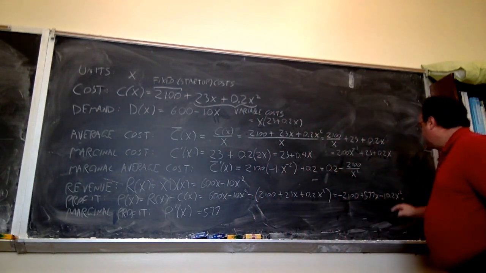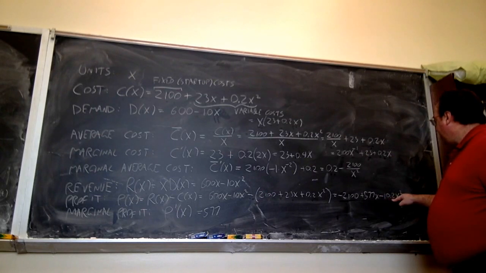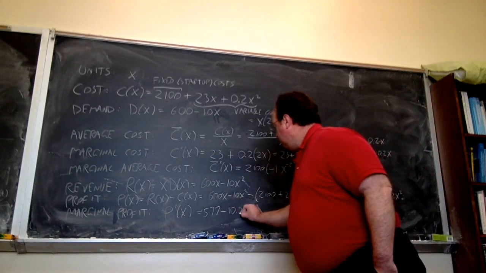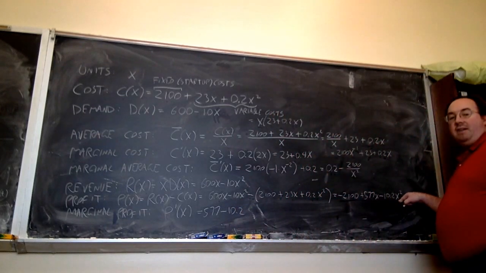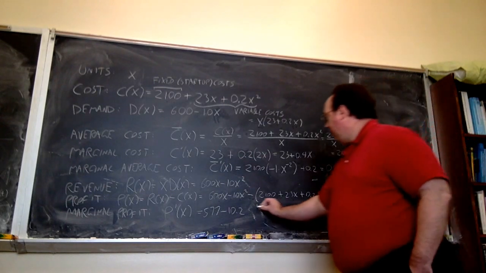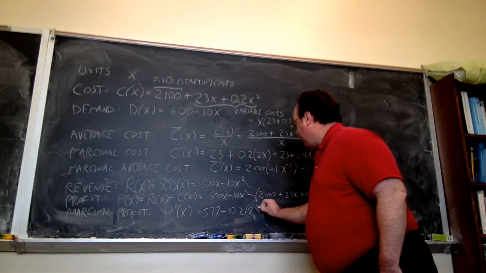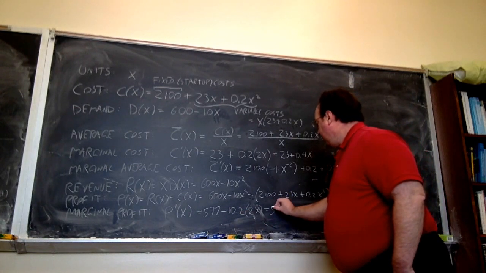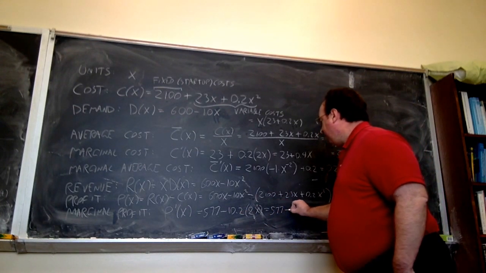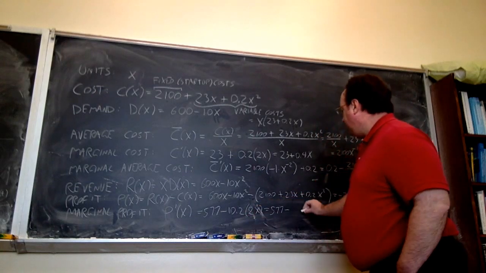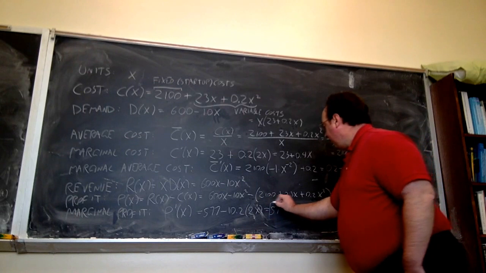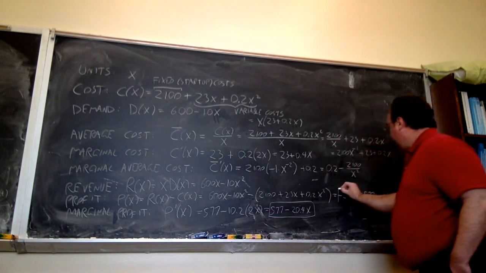And then I have minus 10.2x squared, so that would be minus 10.2 times the derivative of x squared, which is 2 times x to the first, so 2x. So then I can simplify. I get 577 minus 10.2 times 2, so that's 20.4x. So I'm going to box my final answers here.